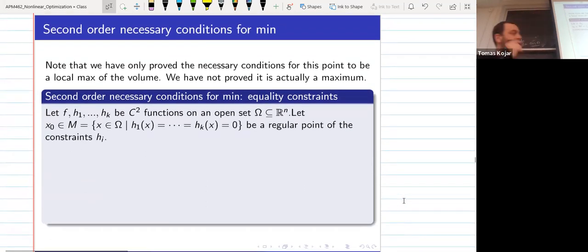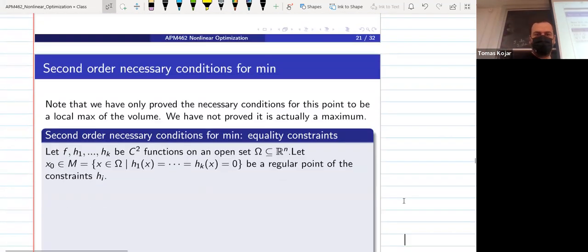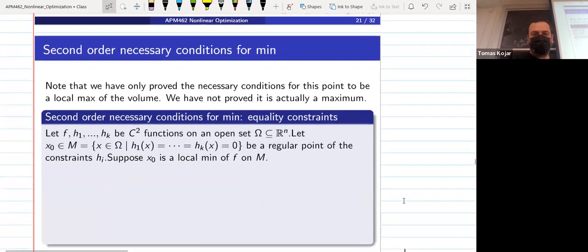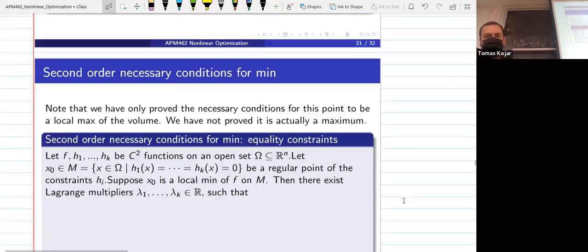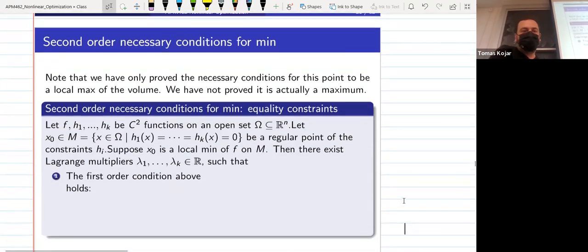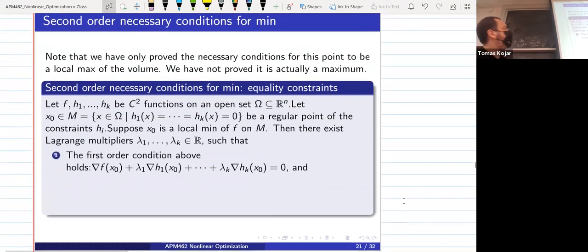Again, you have your constraints, some simplex. You have your local min. You have the theorem we just proved that to be a local min, the greatest increase needs to be parallel to the gradients of the constraints, because these guys are normal to the level set.